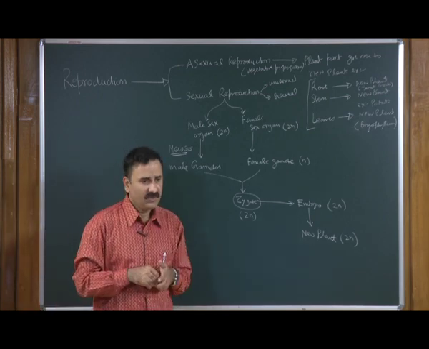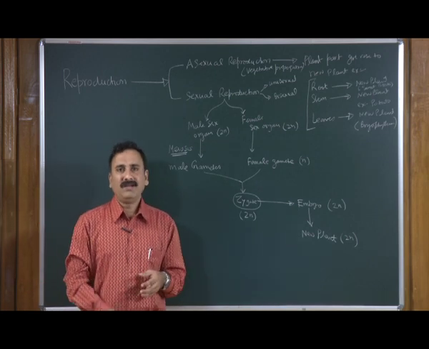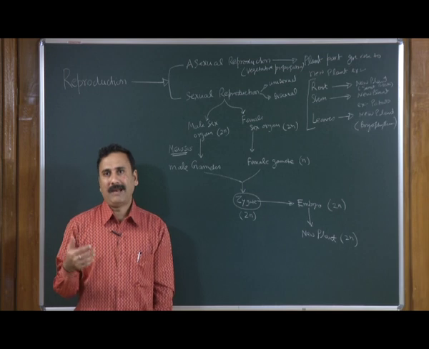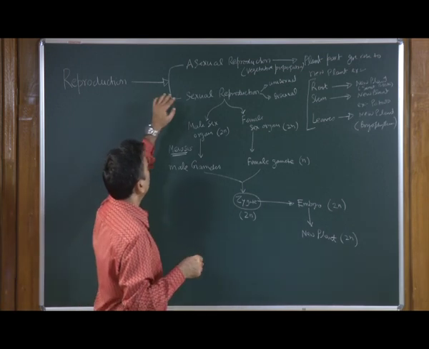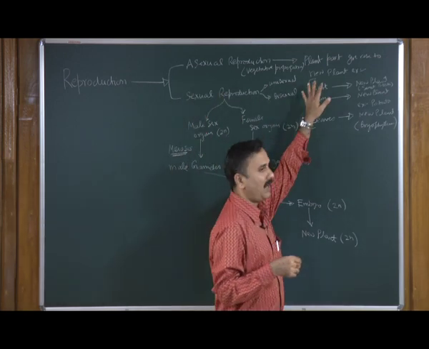Now, the first and foremost question is what is the advantage or disadvantage for a plant of going for sexual reproduction, because as you can see, asexual reproduction is very simple and uncomplicated.